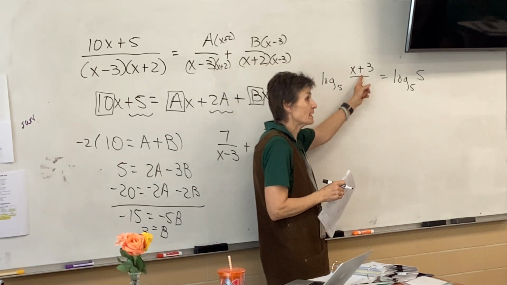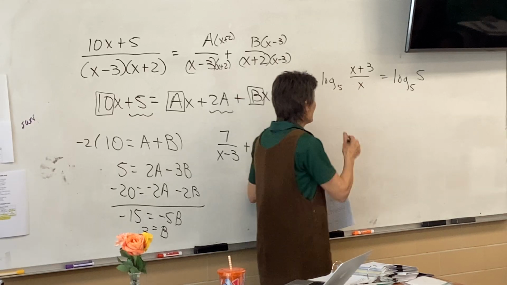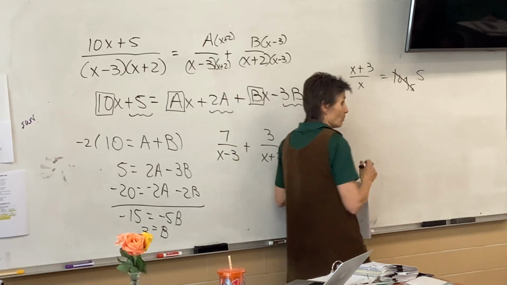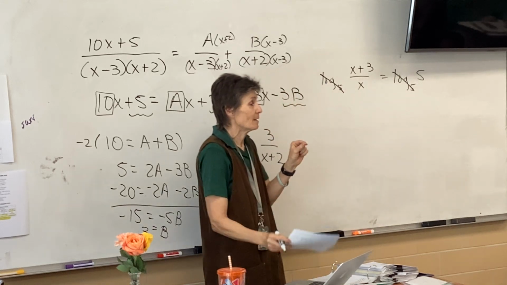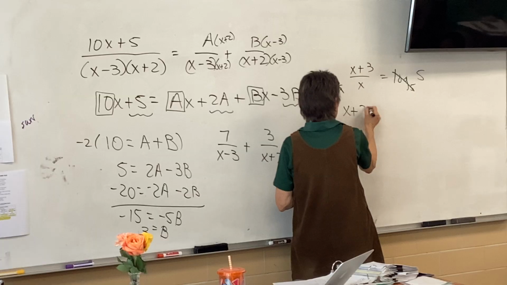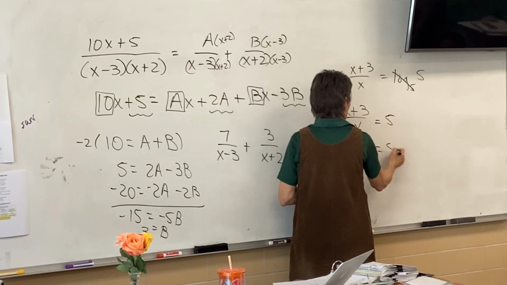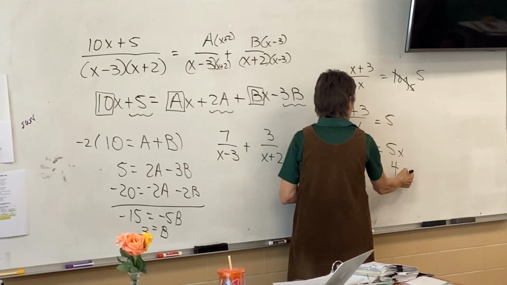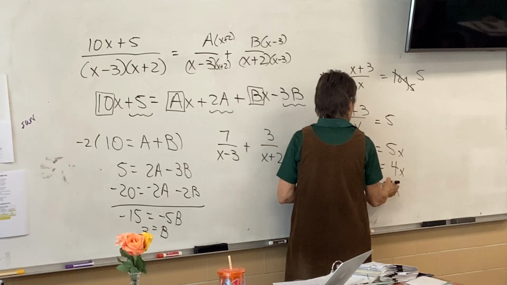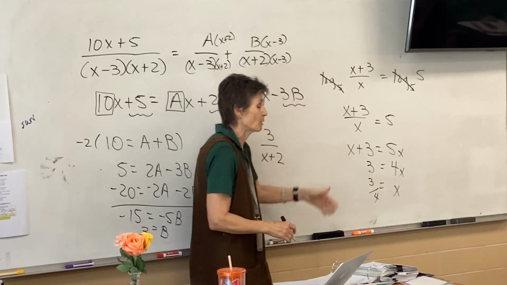So this started out as a subtraction, but I make it a division. Then I drop the logs, but don't drop them until you have log equal to log. Then (x plus 3) over x equals 5. x plus 3 equals 5x. 4x equals 3, and x equals 3/4.